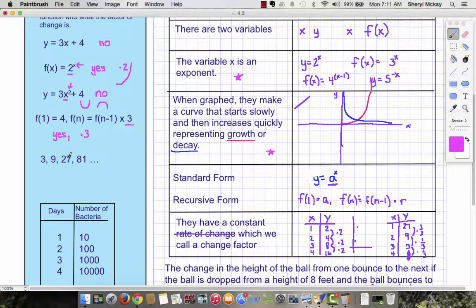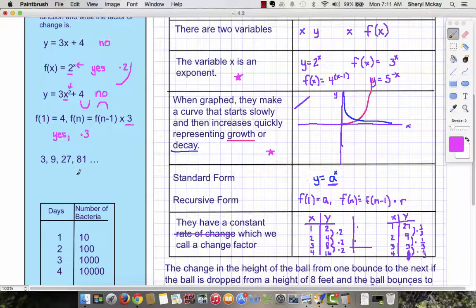Next one. 3, 9, 27, 81. I keep calling these arithmetic. This is geometric. Ignore me when I say arithmetic. I mean geometric sequence. Take a look at this one: 3, 9, 27, 81. This is a sequence, and decide if it is arithmetic or geometric. And if it is geometric, then it should be an exponential function. And if it's an exponential function, it should have a change factor.